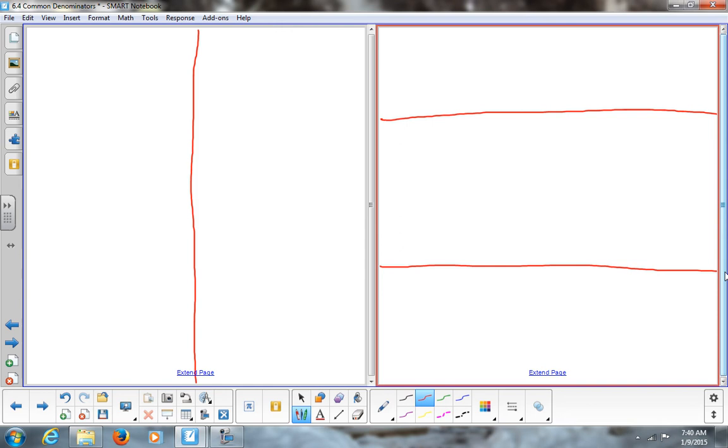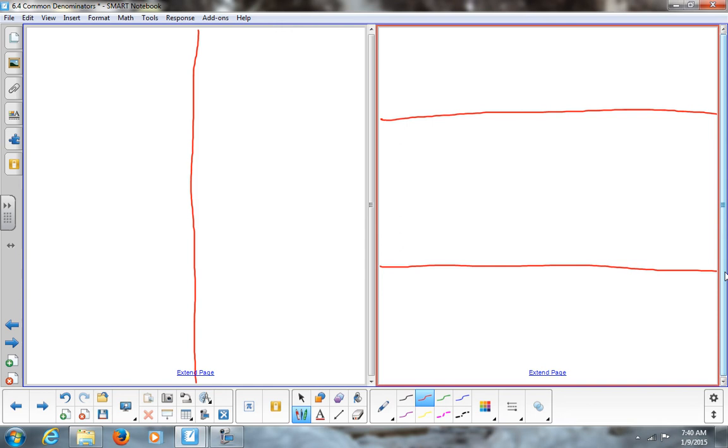Okay, so now we have the same size paper, but they're folded into different areas, right? So we want to figure out what would be the same in these two. So how can I fold these pieces of paper so that I would have the same number of parts? Let's think about that for a minute.